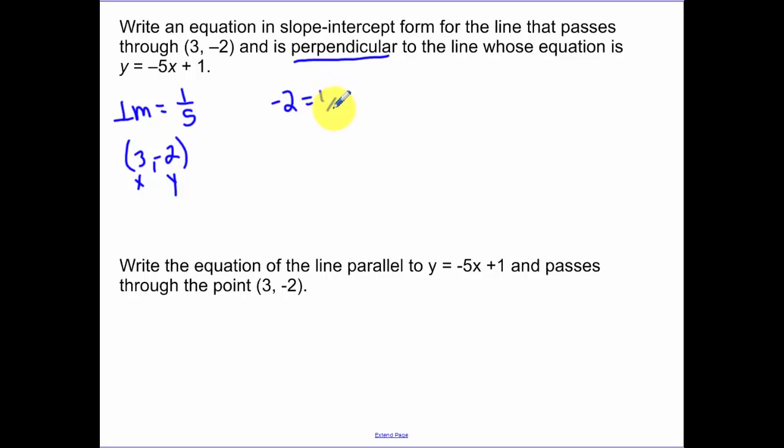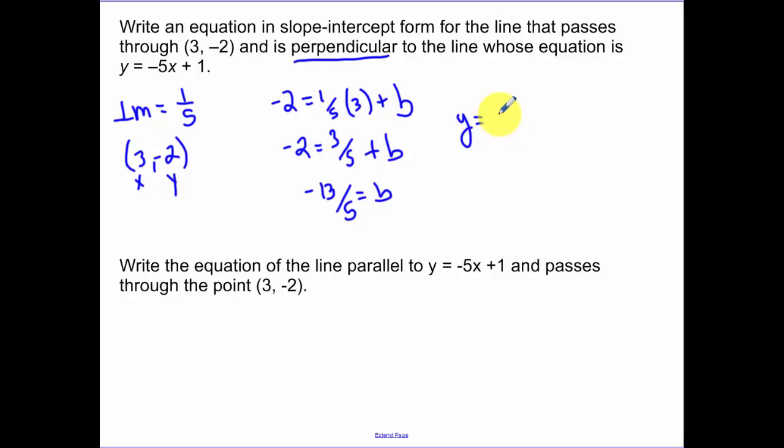My slope is 1/5. So 1/5 times 3 is equal to 3/5 plus b. When I subtract my 3/5 over, I get -13/5. Notice how I'm staying in fractions, and they're improper fractions. That's what I want from you guys. So now we have our equation of our line in slope-intercept form.